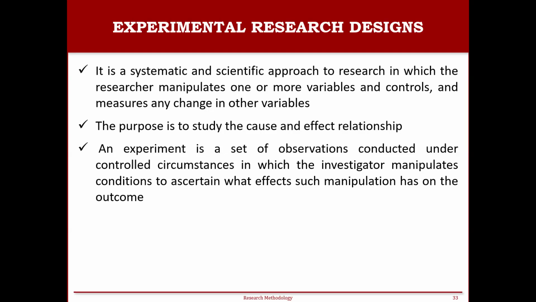And the cause and effect relationship can be identified through experimental research. The major thing is that the independent variables and dependent variables can be identified, and the controllable variables are there. We can identify them and we can control them, right?